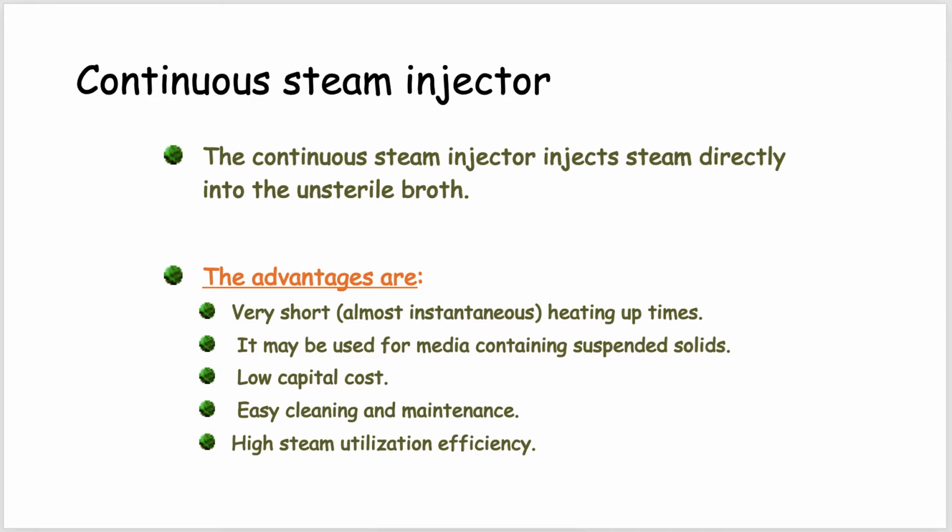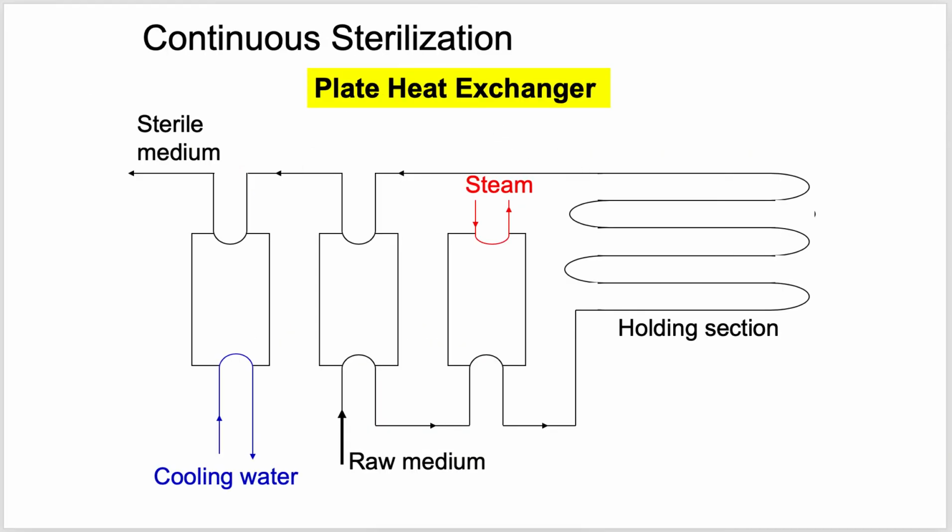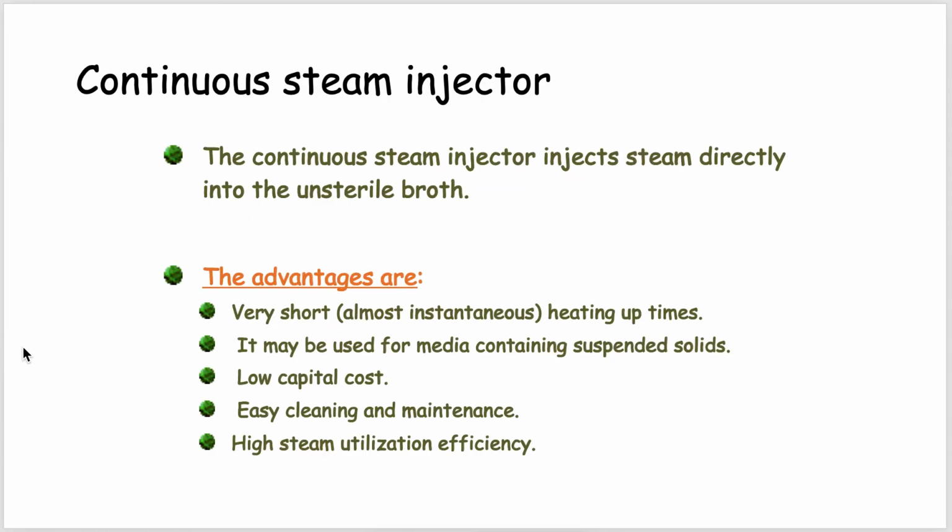The spiral or the plate heat exchangers were continuous heat sterilizers but an indirect method. And the continuous steam injector is also a continuous process, but in this case the media will get sterilized in a direct method.